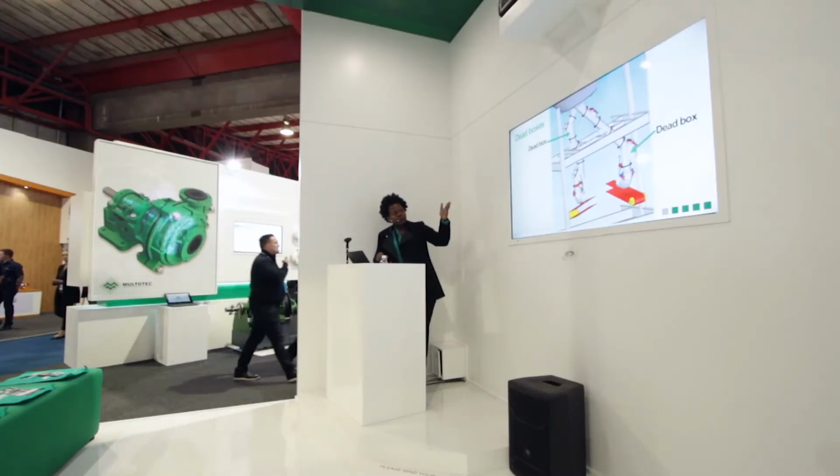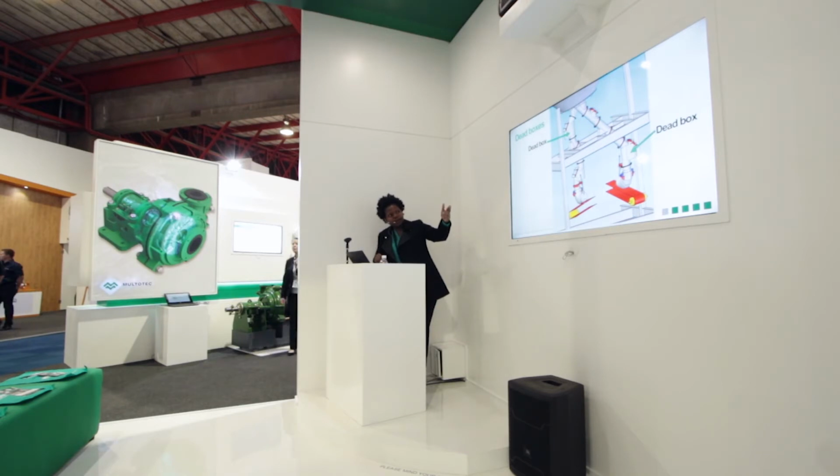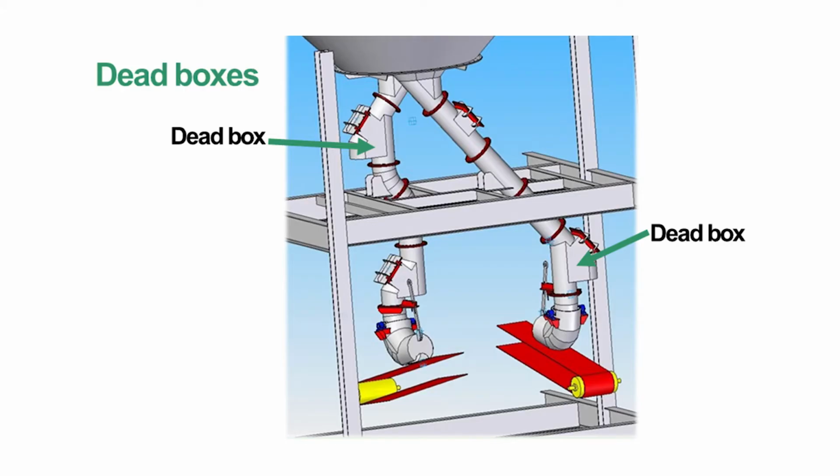So that's the dead box that you're seeing there. Another dead box, two of them. These dead boxes work by the principle of capturing material. So you have material that will overshoot the planned trajectory, right? So it's going to sit in the dead box.